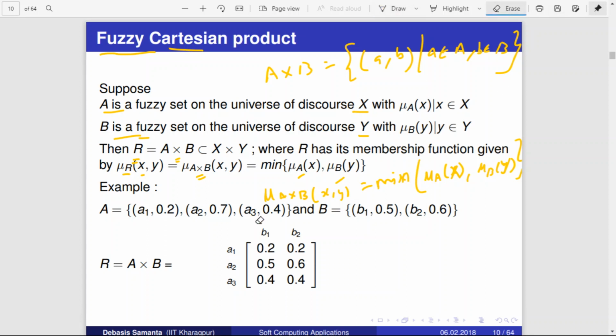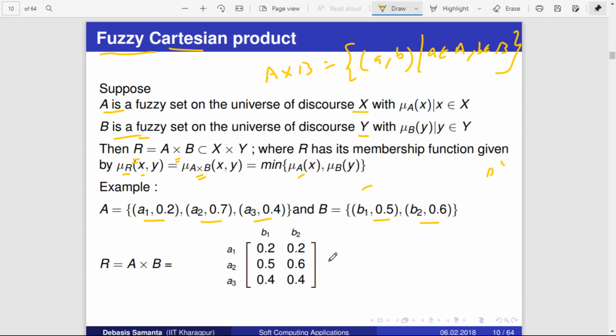Consider a fuzzy set A and B with these values. The fuzzy set A contains these elements: A1 0.2, A2 0.7, A3 0.4, and the fuzzy set B contains these values: B1 0.5, B2 0.6.